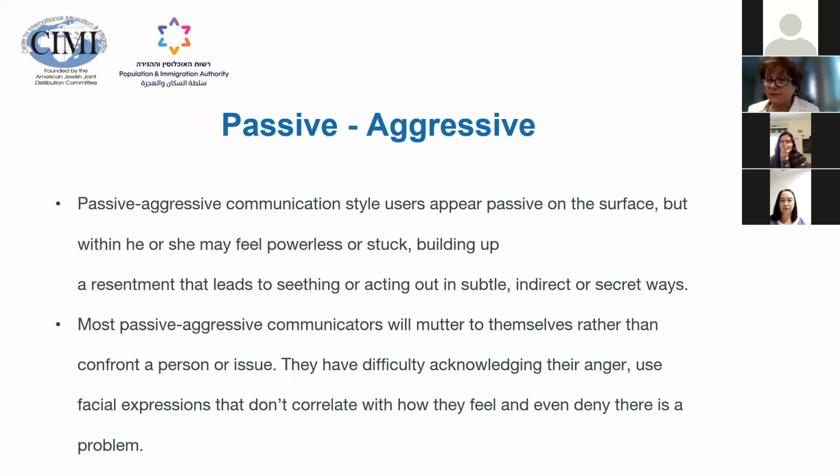It makes it very difficult to understand what it is that's really happening to them because they send double messages. And of course, if we encounter people that are not direct and honest with the way that they communicate, that makes it very difficult for us on a regular life basis, but also especially in a caregiving situation.